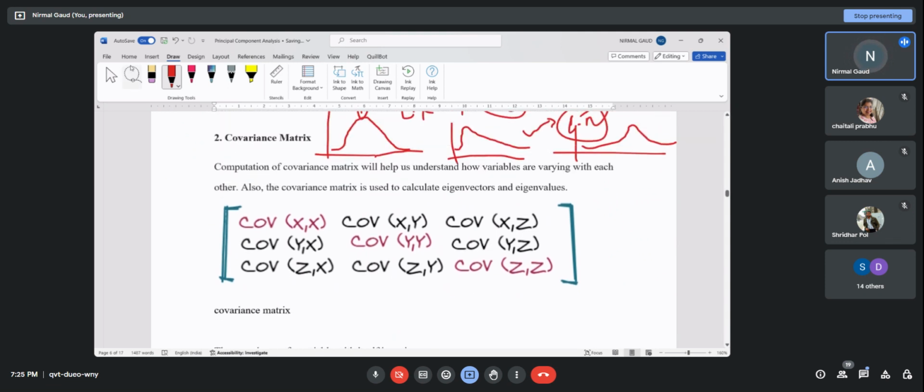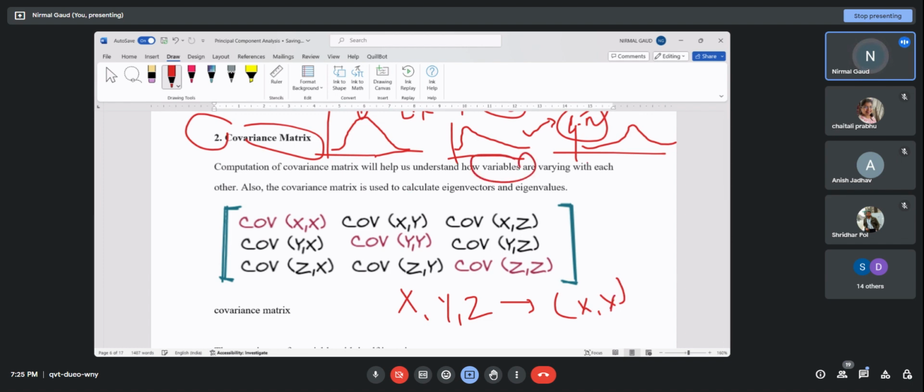Now step number 2 is the covariance of the matrix. I did explain covariance. That means if you have features x, y, and z, then the variance among each other, x and y. How variables vary with each other, that means how they behave among each other, is called covariance. The name itself says it, co means corresponding to one another.